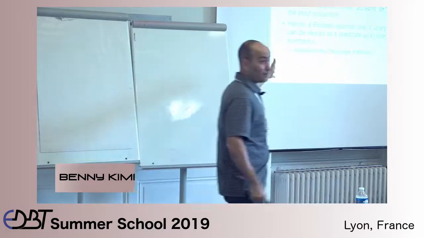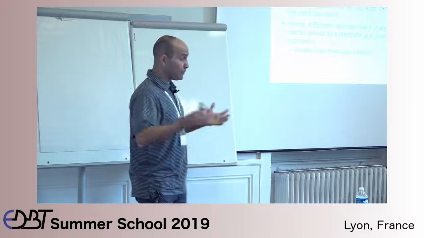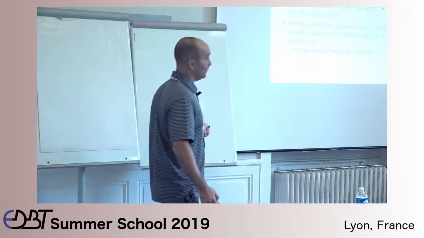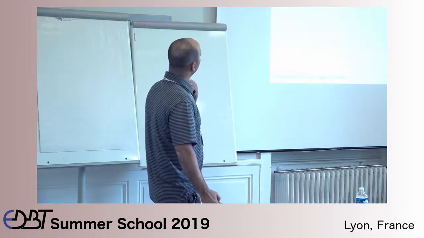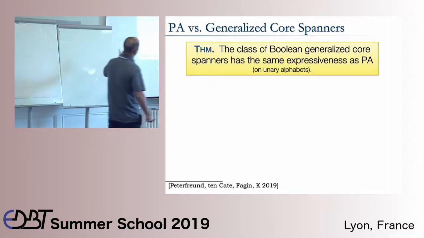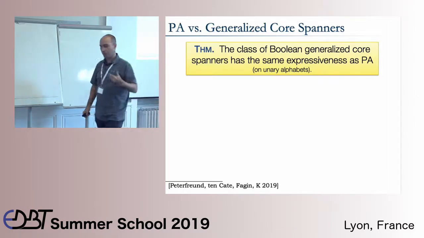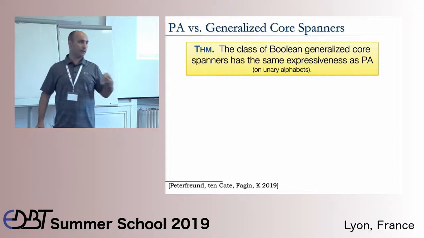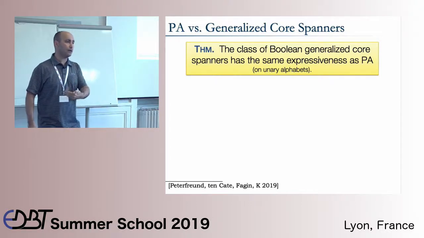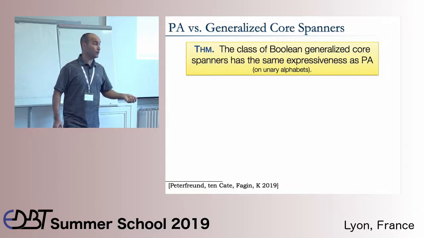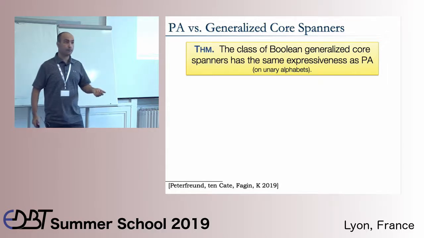So if we take this viewpoint, Presburger arithmetic and the Boolean spanners speak the same language, formulas over natural numbers. What we've shown is that the class of generalized core spanners has the exact same expressiveness as Presburger arithmetic, when you view it as a logic on top of numbers.